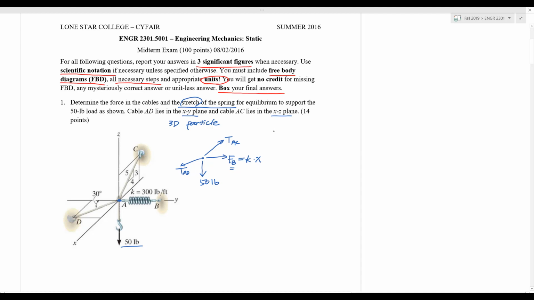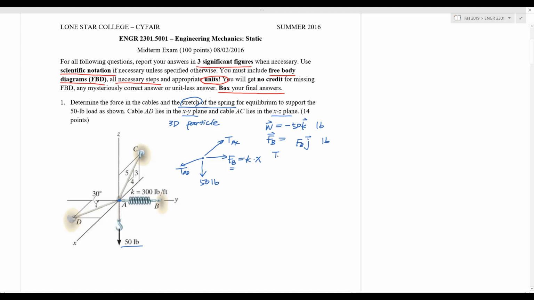All right, so as vectors, our load is going to be negative 50 in the direction of k, all in the unit of pound. Our FB spring force, that'll be a magnitude of FB only in the y direction, so only has a j component.